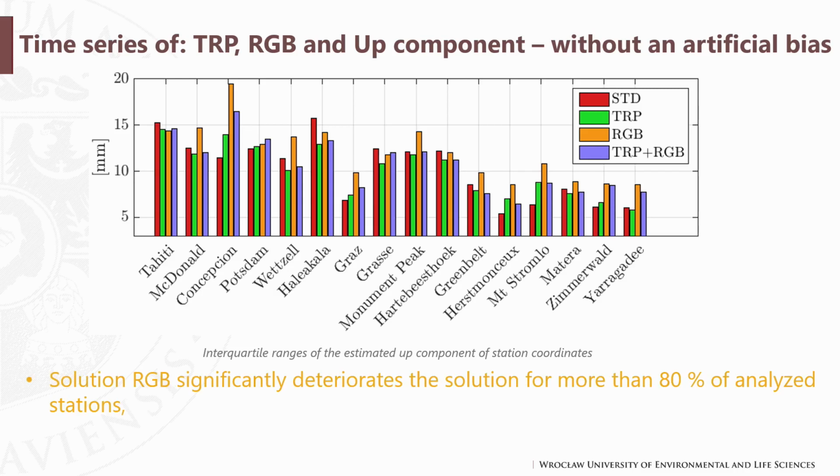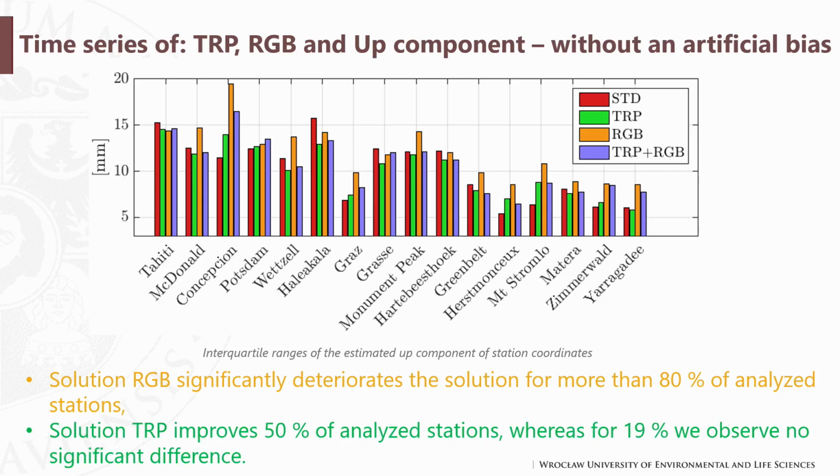So the solution with the estimation of range biases significantly deteriorates these, for more than 80% of analyzed stations. So we observe the increase in the RMS of the station coordinate repeatability for the orange solution.